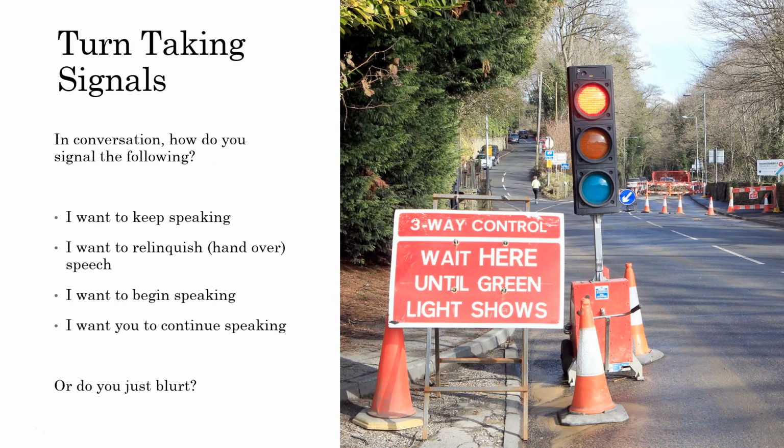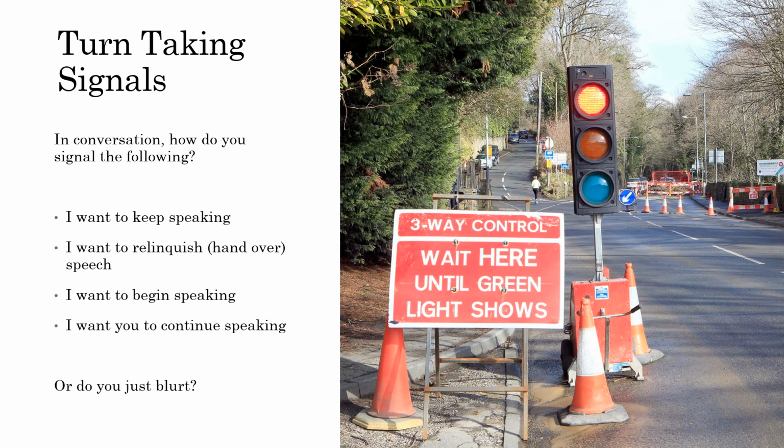Okay, the final focus then for this lesson is going to be looking at turn taking, and so let's consider this question. You are talking with one or two or more of your friends, and in conversation, how do you signal the following things? How do you signal that you want to continue speaking?